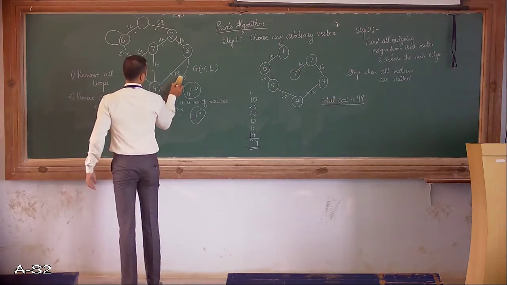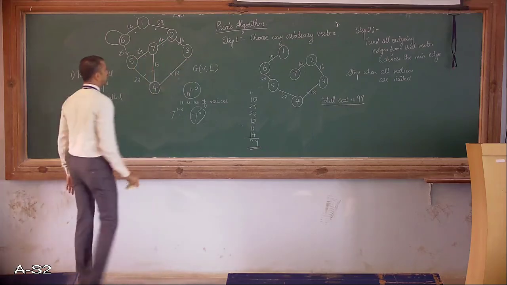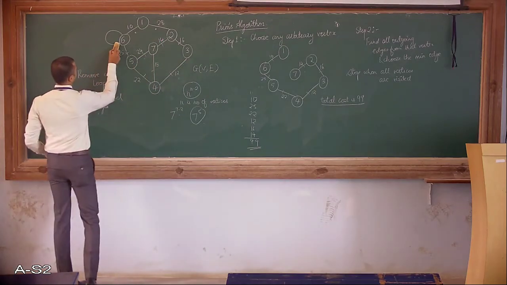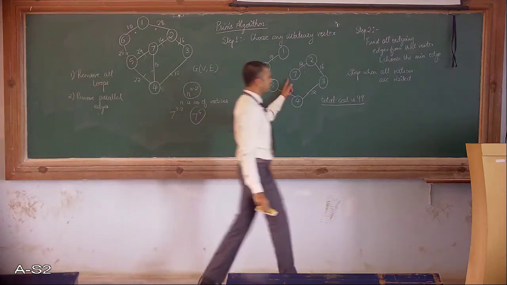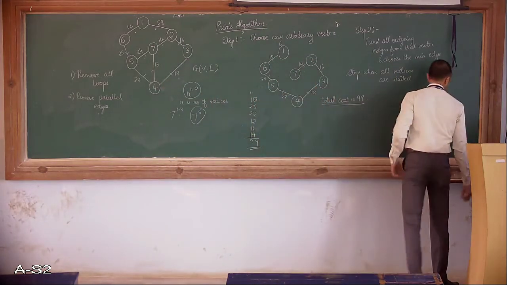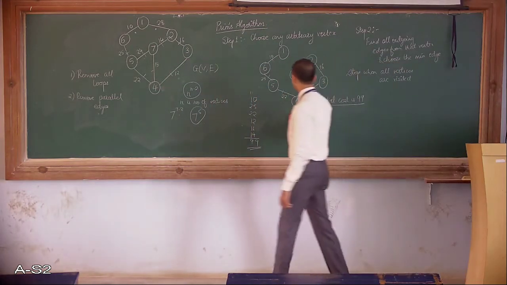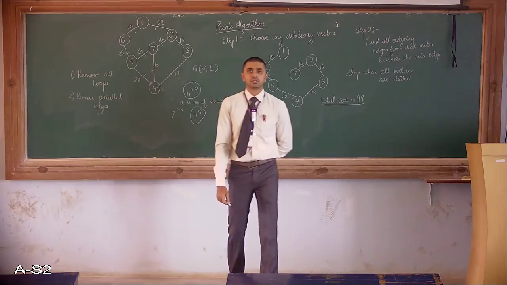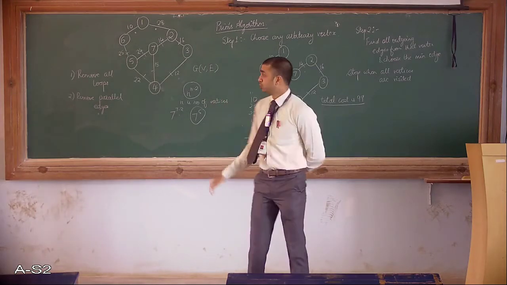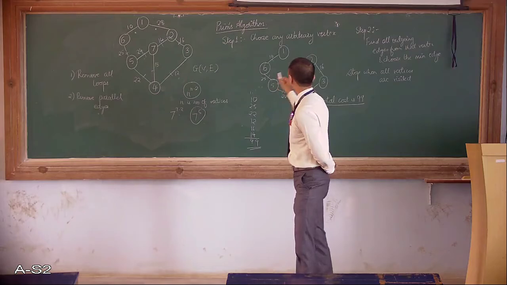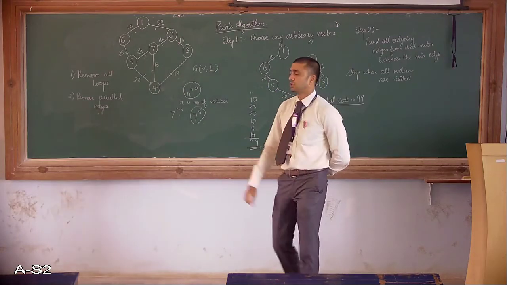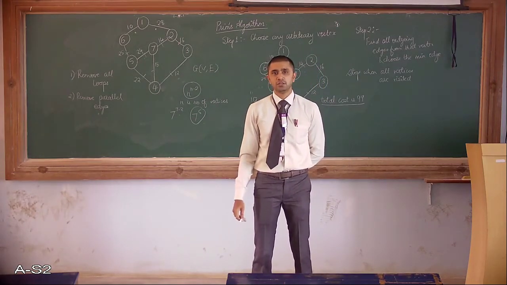So these are the two preconditions: remove parallel edges and remove loops. After doing this, you can start with these steps and come up with a minimum cost spanning tree. So this is how Prim's algorithm works, which finds the minimum cost spanning tree using an undirected weighted graph.